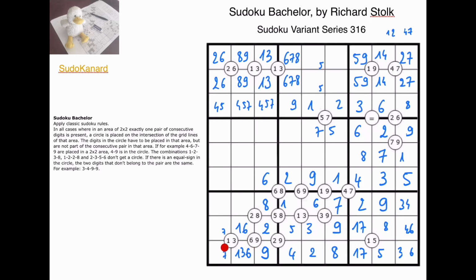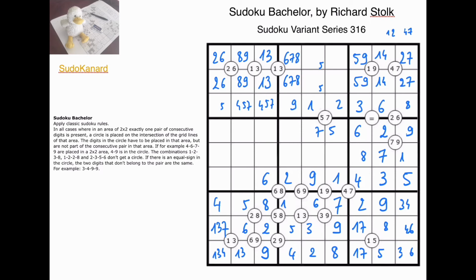We know that 6 is here, so those ones are among 1, 3, and 7. And we get 4 and 5 here. But now this 2 prevents 1 from being here, so that's a 6. And this one must be consecutive with 6, so that's a 5.